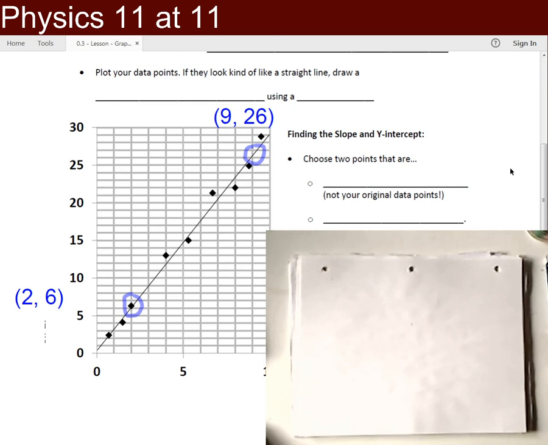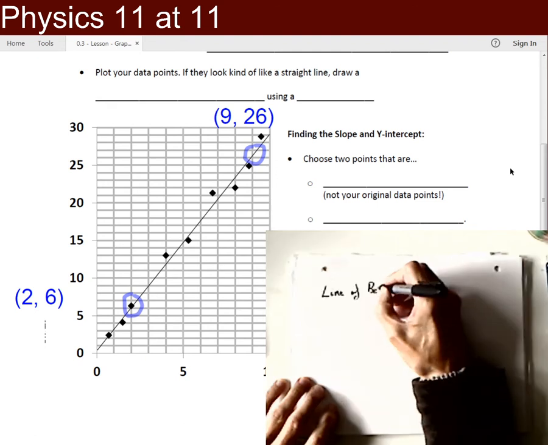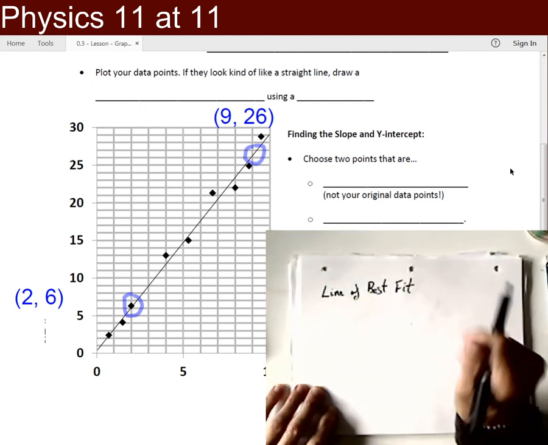And so to fill in the next couple of blanks, it says plot your data points. If they look kind of like a straight line, draw a line of best fit. Now, if you're using technology, this can be done for you.